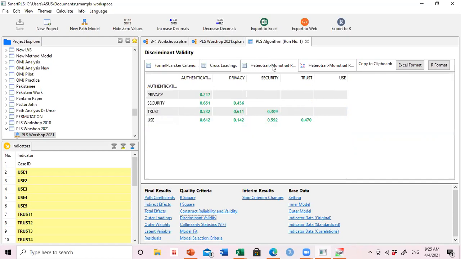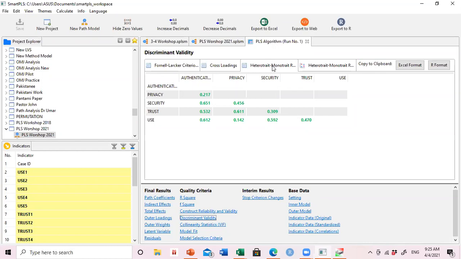The next one is HTMT, and this is the most important because a lot of people are reporting it, and it is the most current and the most useful discriminant validity criterion. If you don't report it, you will have a question to answer. How are we going to know whether it is achieved or not?